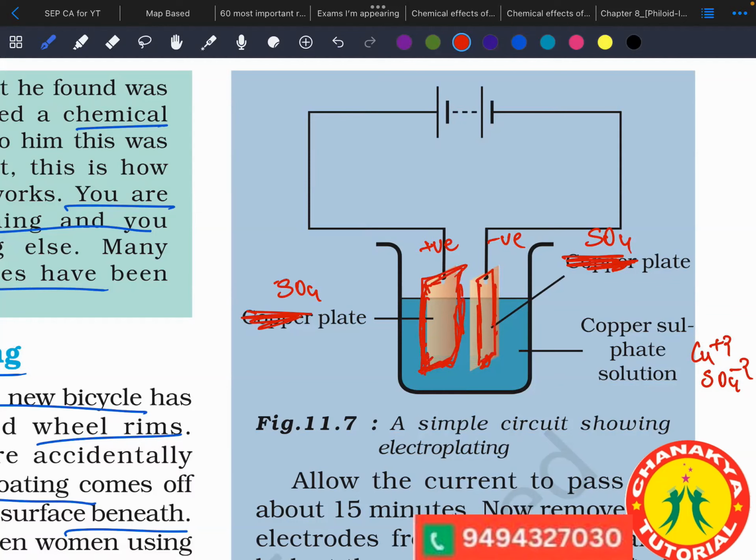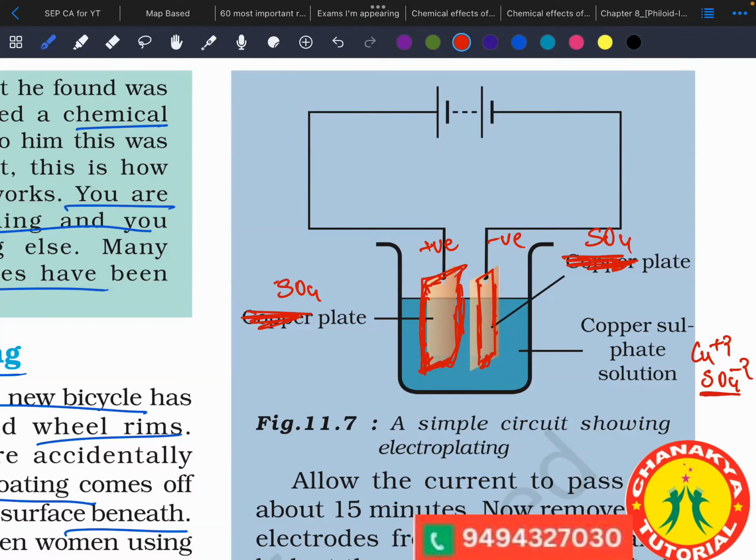So do we add sulfate to the solution, or do we just keep the water and wait till the sulfate is dissolved from the plate? Yes, we will wait for the sulfate from the plates to dissolve in the solution, because the sulfate which is present inside the solution is limited.